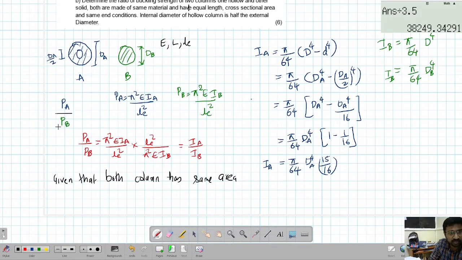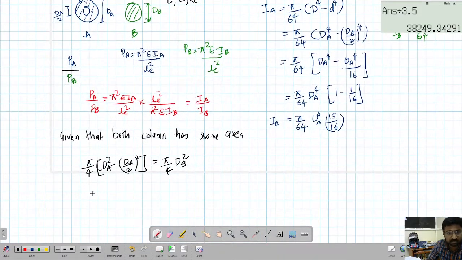So the area of the first column is pi by 4 into (dA square minus (dA by 2) whole square). This is the equation for area, right? The outer diameter square minus the inner diameter square. So this will be equal to pi by 4 into dB square.